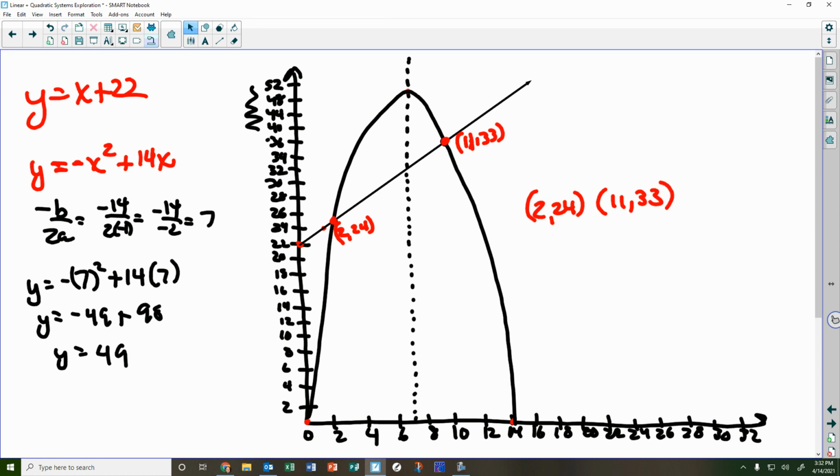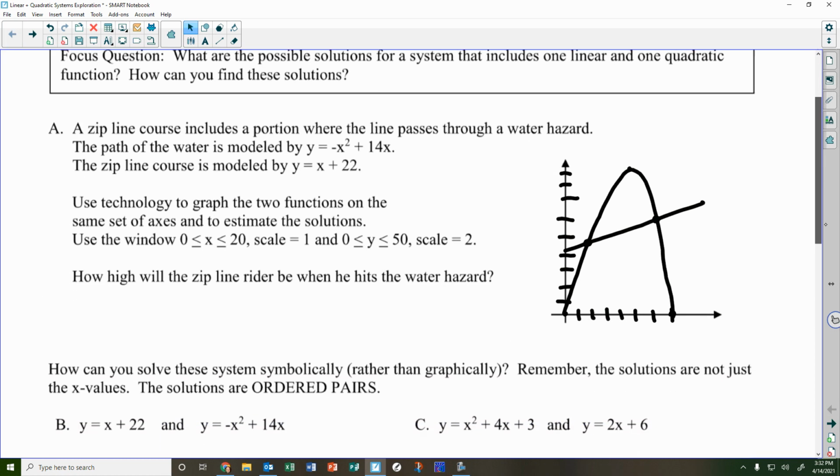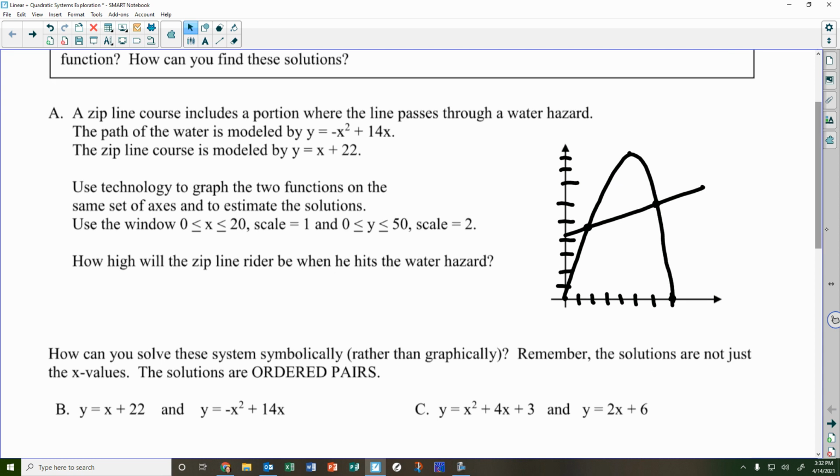Now, if I go back to our A here, and it's weird because now I can't touch the board anymore, so I'm doing the best I can here. But I can drag it down. That's interesting. So it says, how high will a zip line rider be when he hits the water hazard?